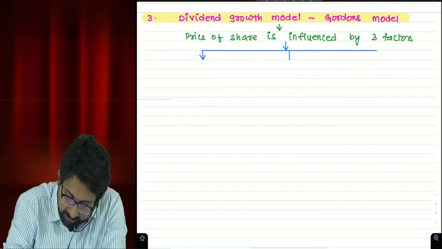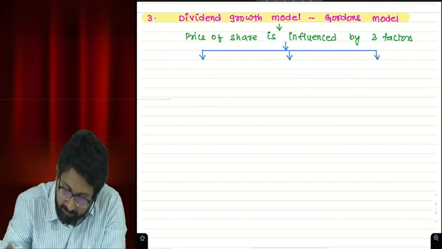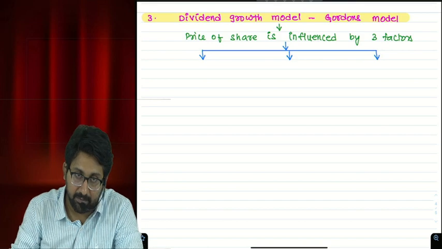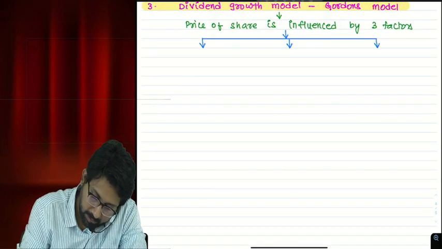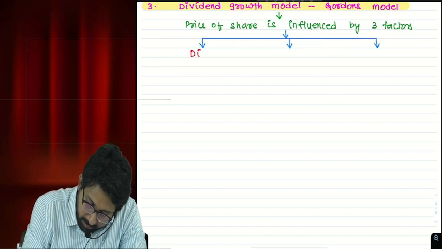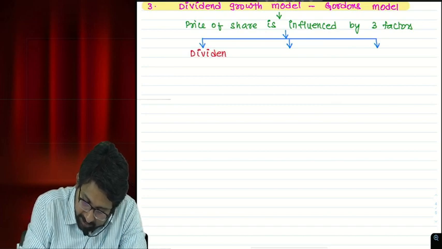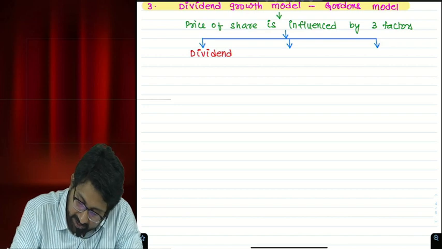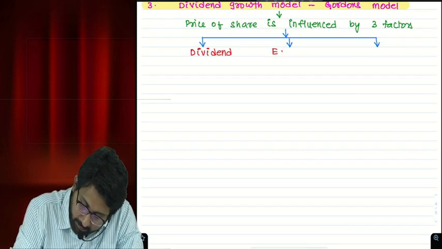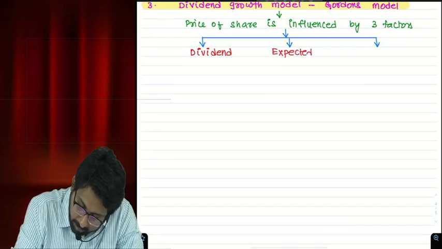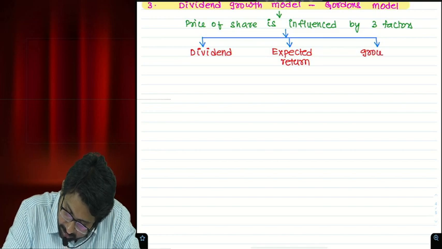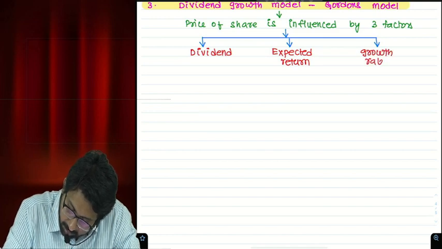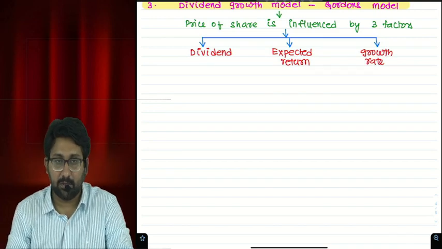The 3 factors which influence the stock prices are: number 1, the dividend. Second one is the expected return. Third one will be the growth rate.